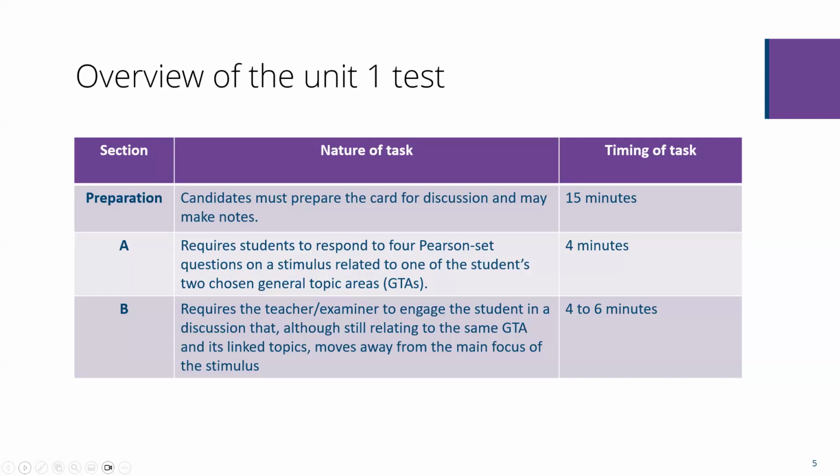So just to be clear, section A is those 4 questions set by Pearson, and the candidate should answer each of those questions in about a minute each in an ideal scenario. And section B requires you as the teacher examiner to move away to a linked topic area, something that moves the topic on for 4 to 6 minutes.